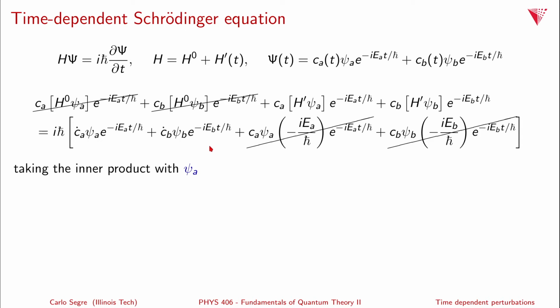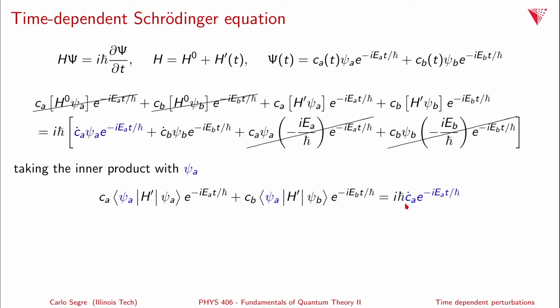If we take the inner product of this whole equation with ψa, the first two terms on the left side will come out to be Ca, the inner product of ψa H' ψa, times e to the minus i Ea t over ħ. Then the same applied to the second term is Cb ψa H' ψb e to the minus i Eb t over ħ. And on the right side, the only term that survives is the one with ψa, because the one with ψb, because of orthonormality, goes to 0.